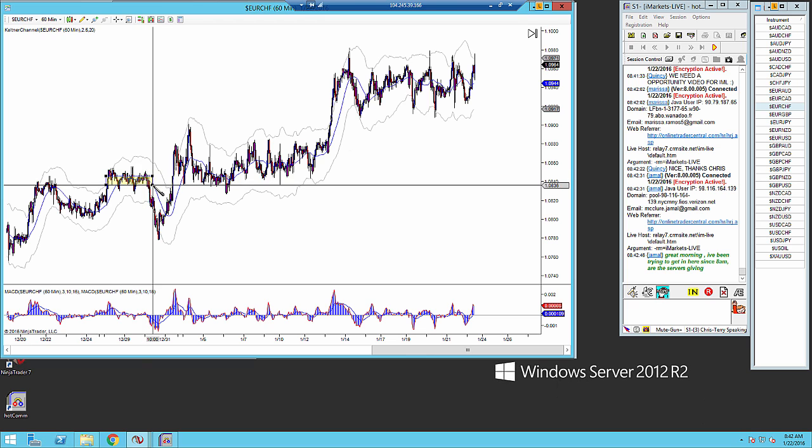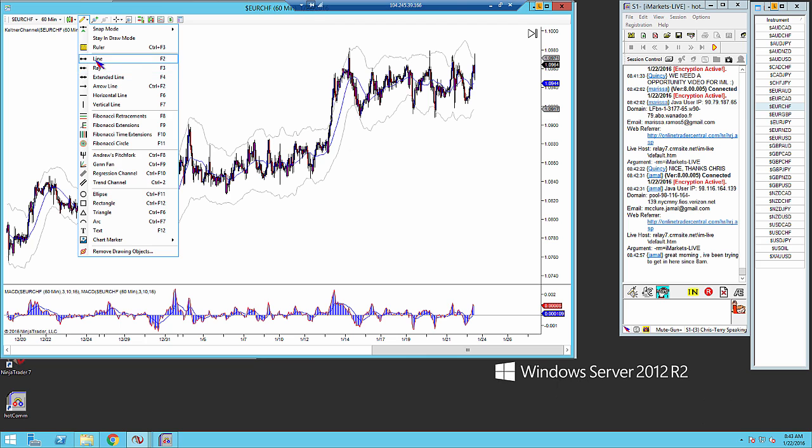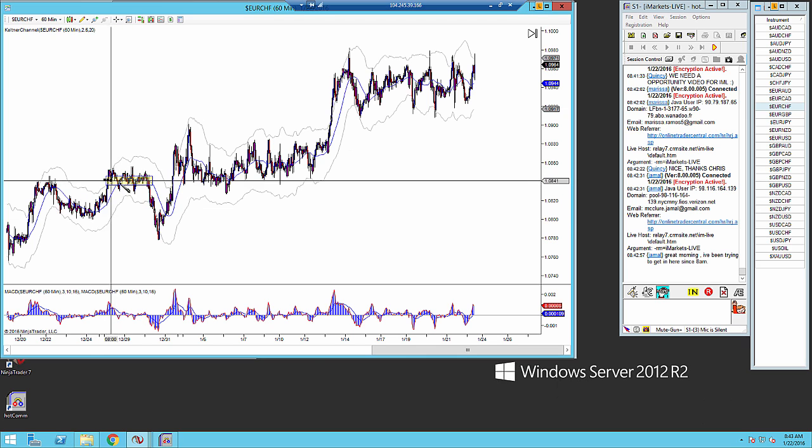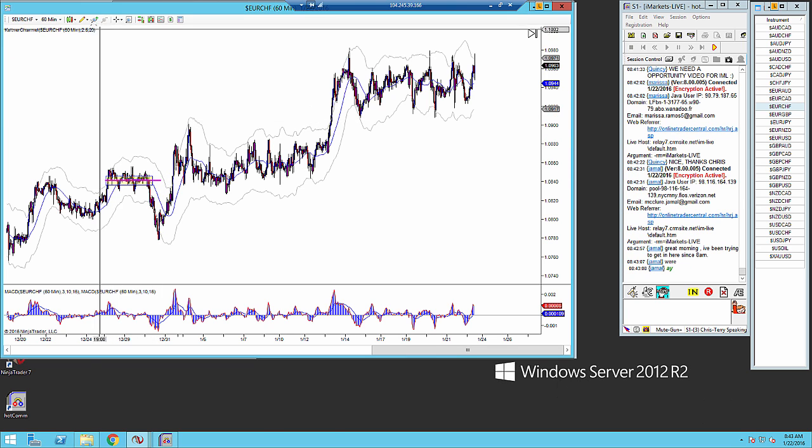Where 70% of the main action has taken place, and this is called a point of control. Point of control.